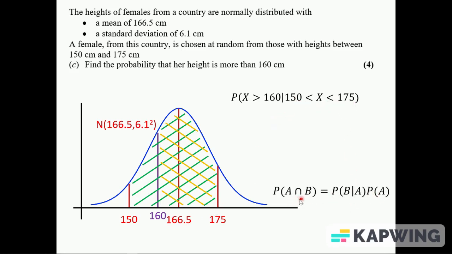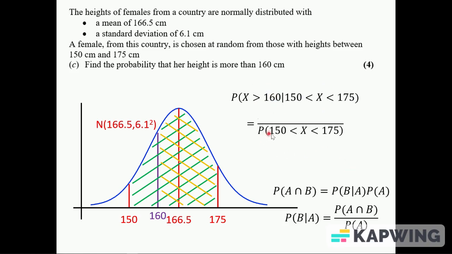You get this multiplication rule in the formula book for probability. The intersection is that conditional one times the probability of A. We can rearrange it: B given A is the intersection over A. My A here is this one, and that's the B. So the A is going to go on the bottom, and on the top it's A and B, so it needs to be greater than 160 and in between 150 and 175, so it's 160 to 175.